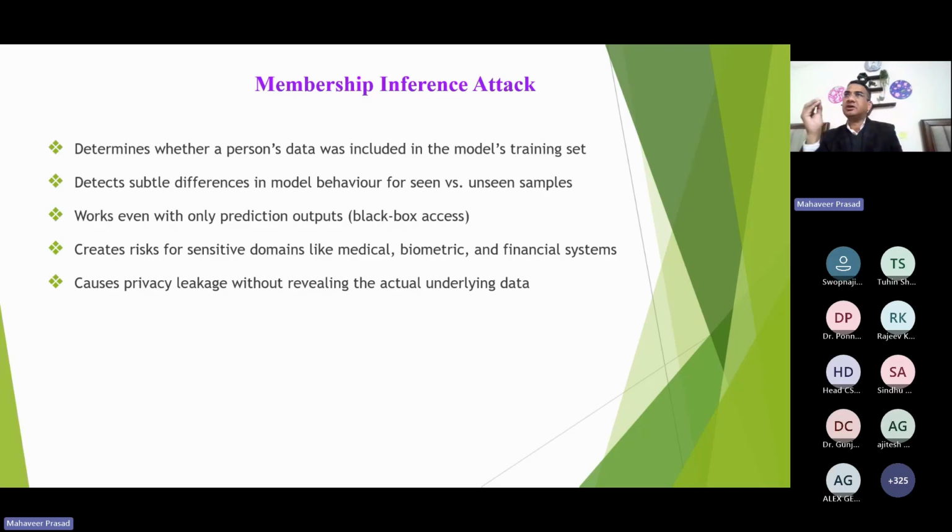Earlier you were generating the same data, but here we are just checking whether this person's data was used in this model or not. It detects subtle differences in model behavior for seen or unseen samples. It works even with only predicted output. It creates risk for sensitive domains like medical, biometric, and financial systems. It causes privacy leakage without revealing the actual underlying data.